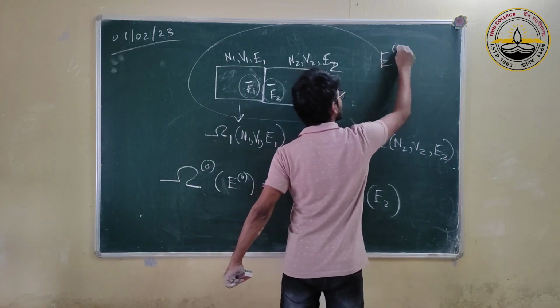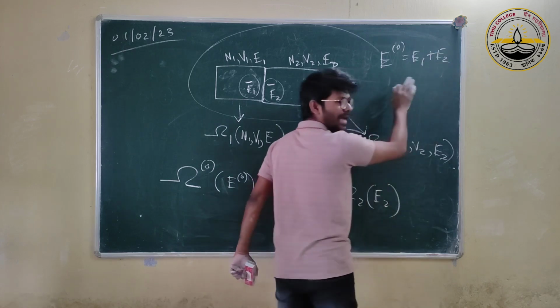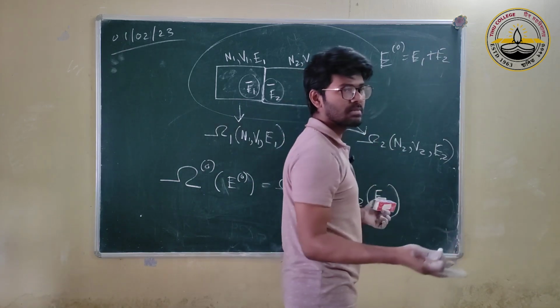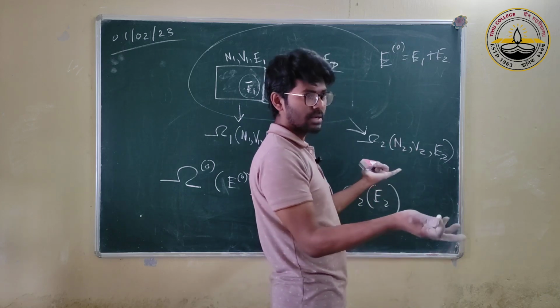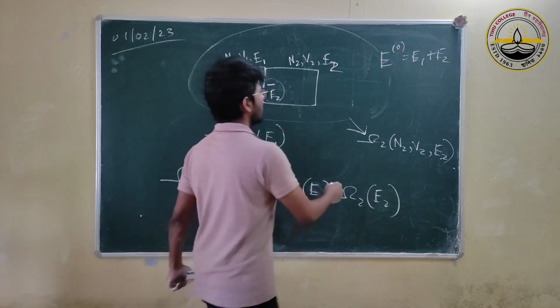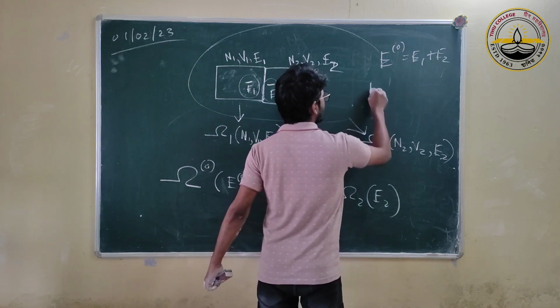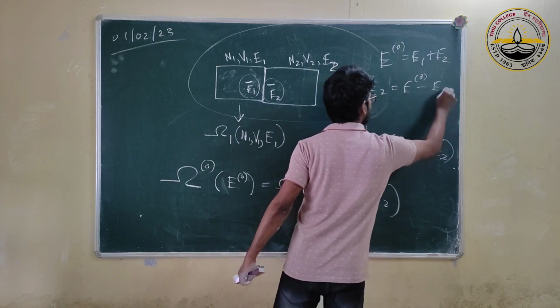So E0 equal to E1 plus E2. Total energy remains fixed. This is simple energy conservation. Energy can flow, but as a whole it remains the same. That's the only condition. We can write then E2 equal to E0 minus E1.